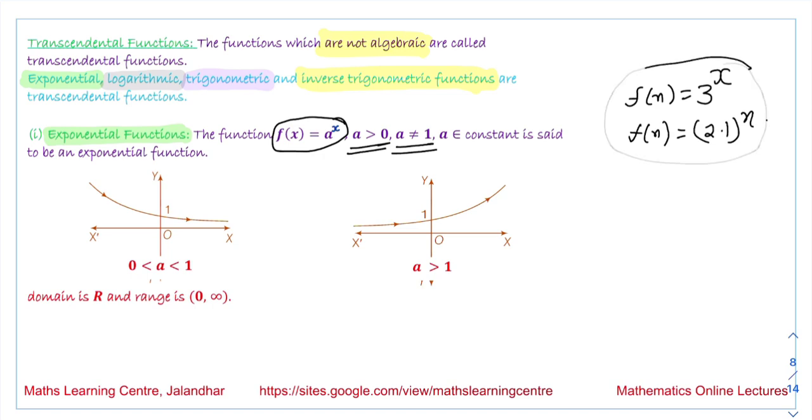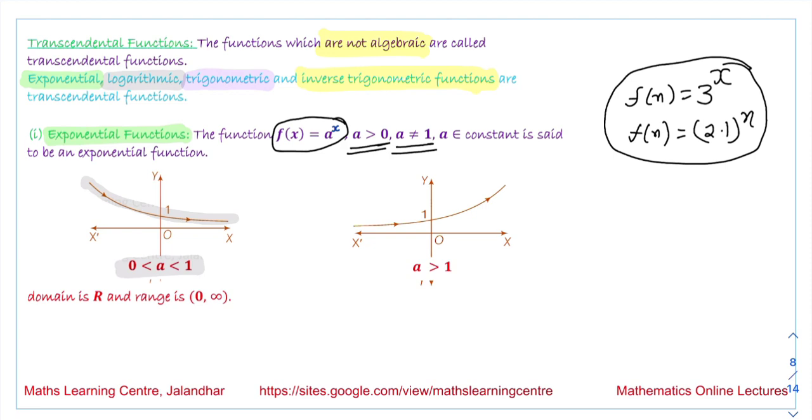All these are called exponential functions, and the graphs of these functions are shown here. When the value of a lies between 0 and 1, the graph of this function is in this form. You can plot these values and see the answer.